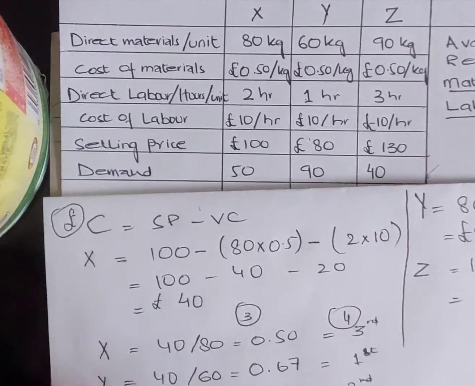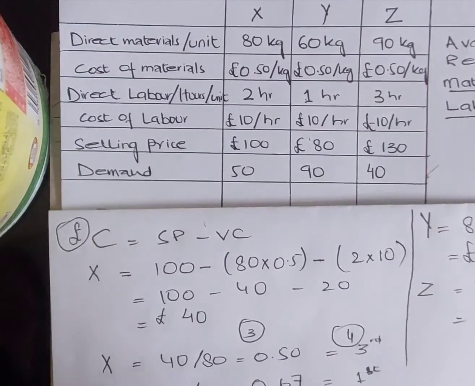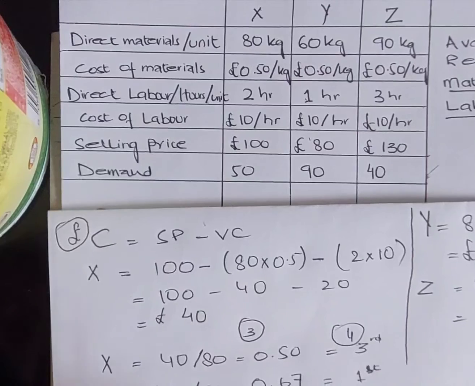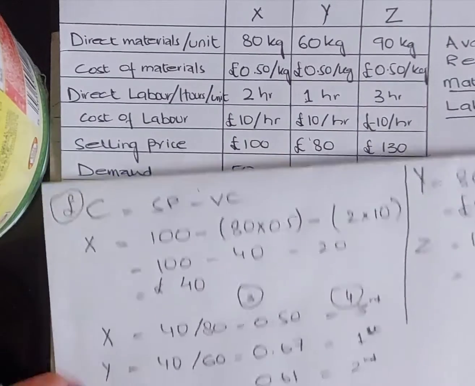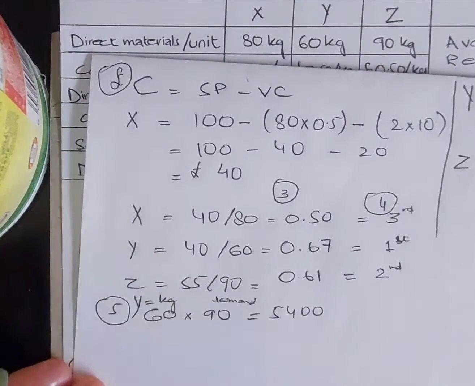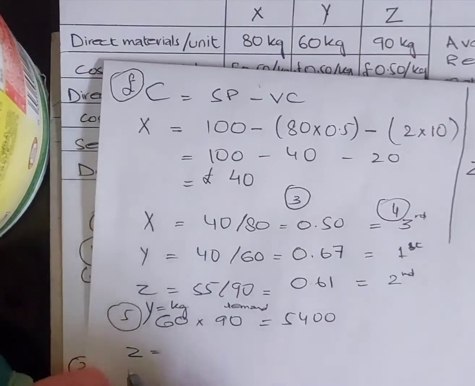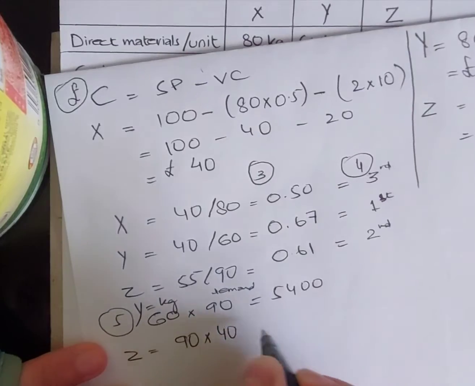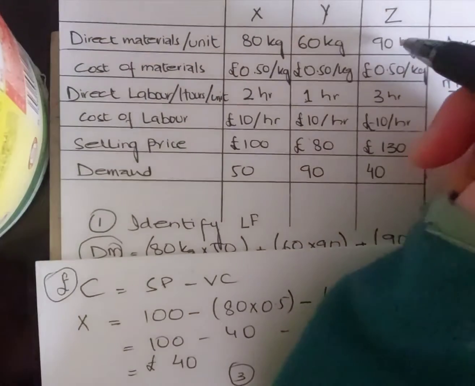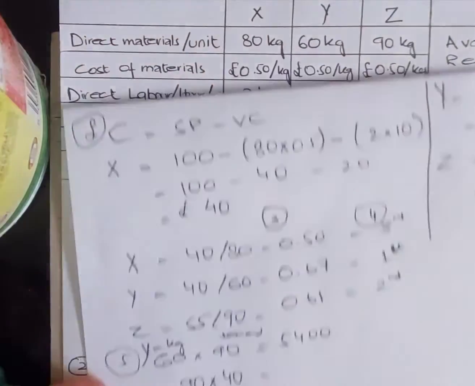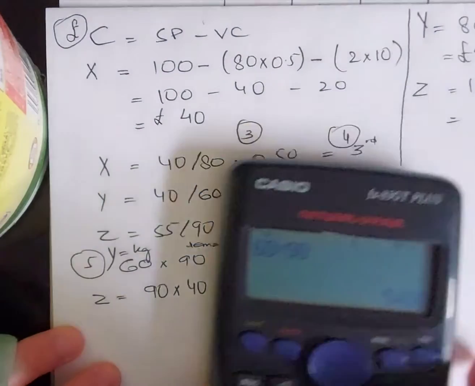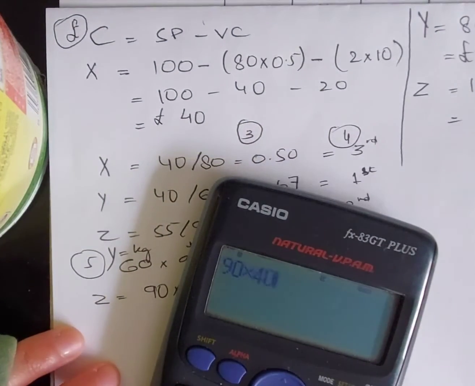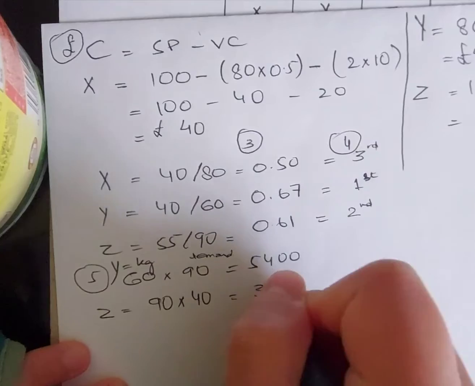Second priority was Z, so Z is going to be 90 into 40, which is 3600.